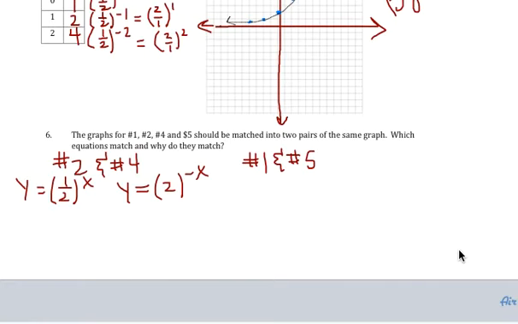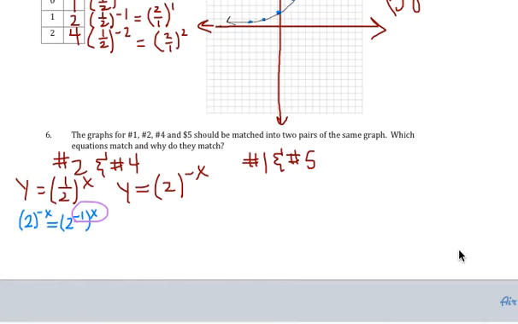And we're going to make a little note here. All right, so you should easily be able to see and understand that because of this negative exponent in number 4, we ended up having to switch it around. But just so you have some notes, let's take number 4's function, so 2 to the negative x, and let's rewrite that as 2 to the negative 1 with the x outside, because negative 1 times x is a negative x, right?